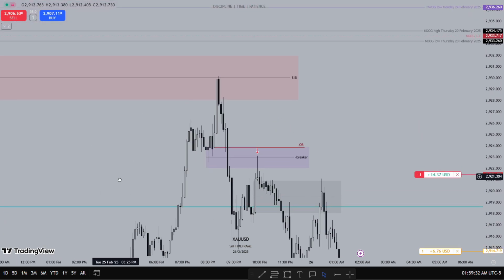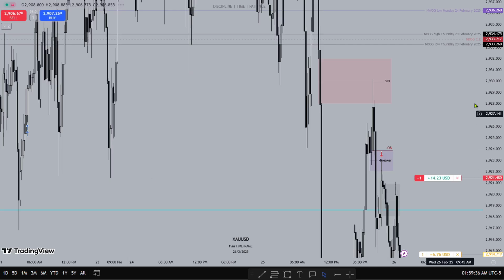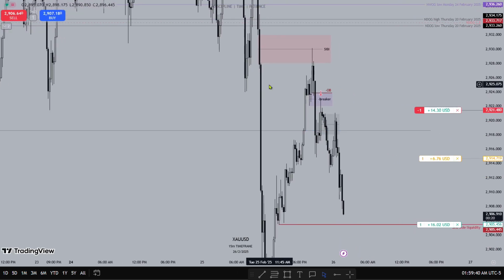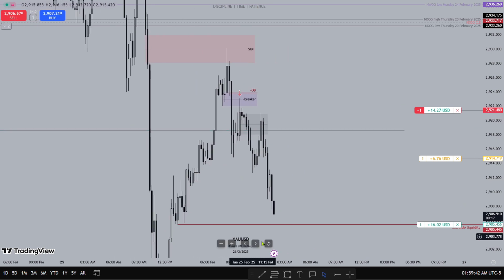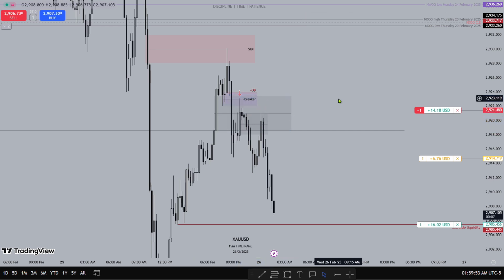So we traded into a 15-minute CB. I saw this change in state of delivery. What else was there? There was this inversion fair value gap. It got inversed right away. That's also a change in state of delivery.